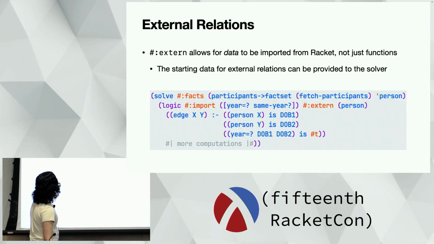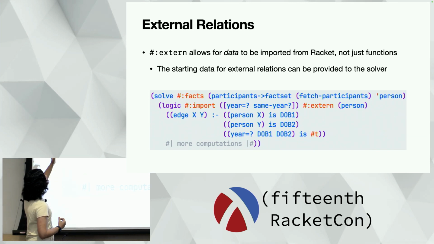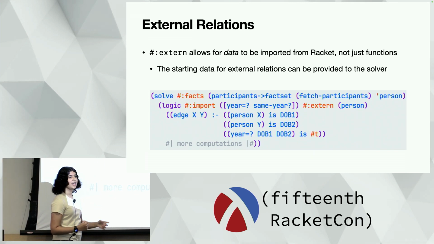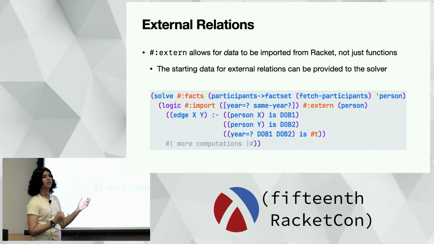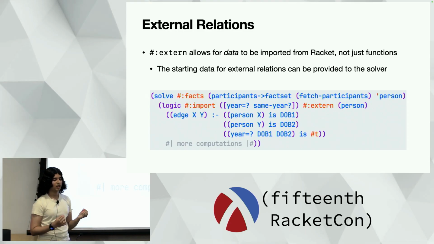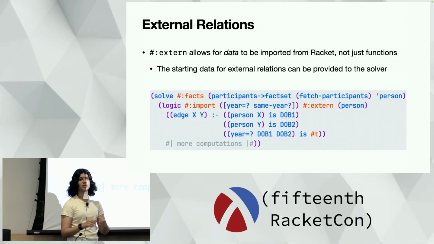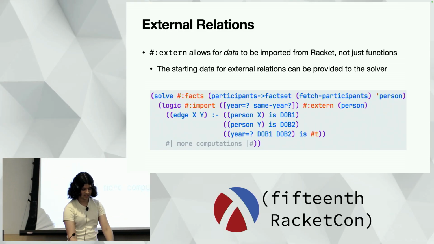But we want to talk about one more feature that we have in Dusa or miniDusa, which is external relations. Sometimes you want to have a logic program that has to actually interoperate with facts known from outside, like you might want to pull in facts from a database, from the internet, or what have you, and run some computation on those facts and decide something.